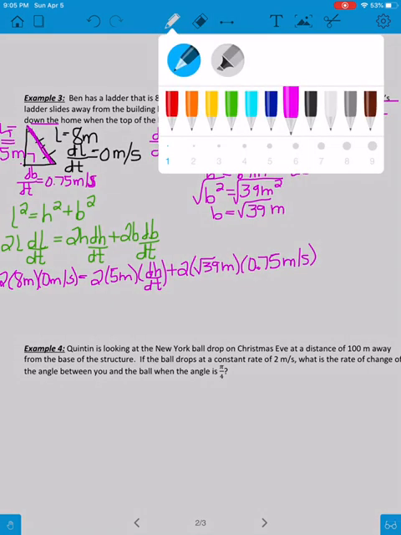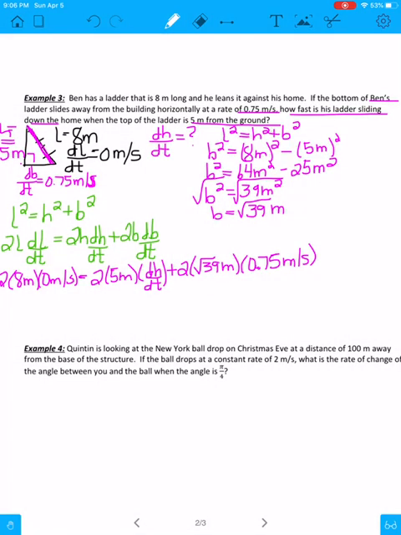Now, 2 times 8 times 0 is 0. So I'm going to get 0 equals 10 meters dH over dt plus 2 times 0.75. Sorry, the bottom of the ladder slides away from the wall horizontally at a rate of 1.7.